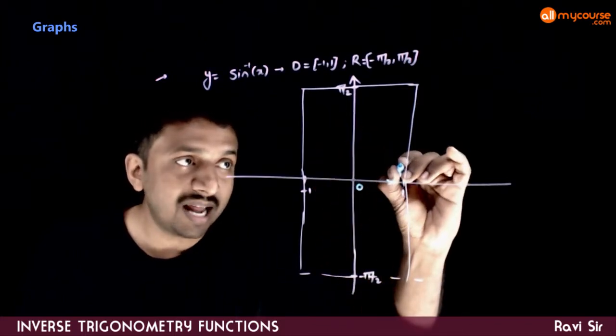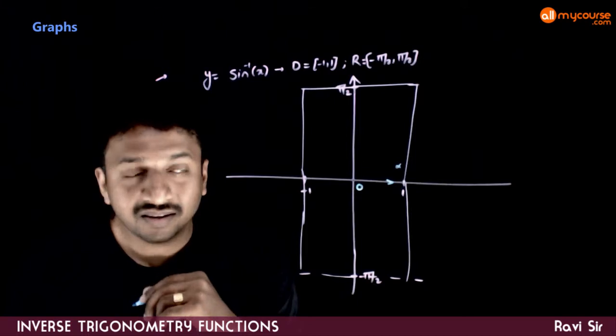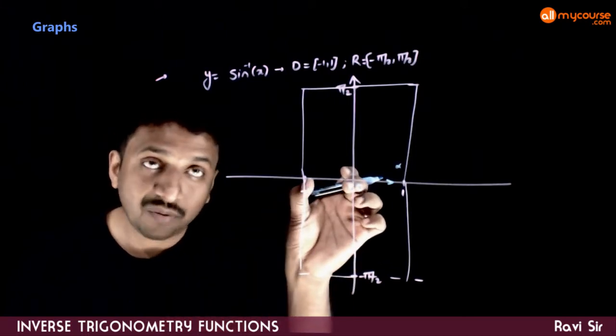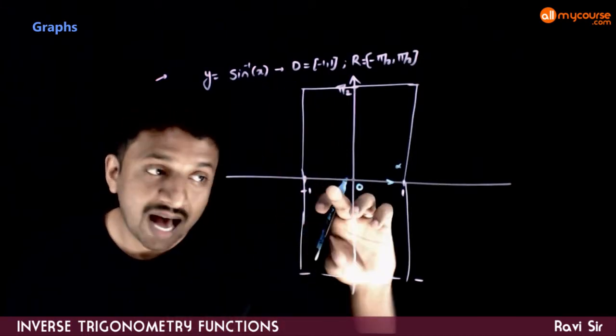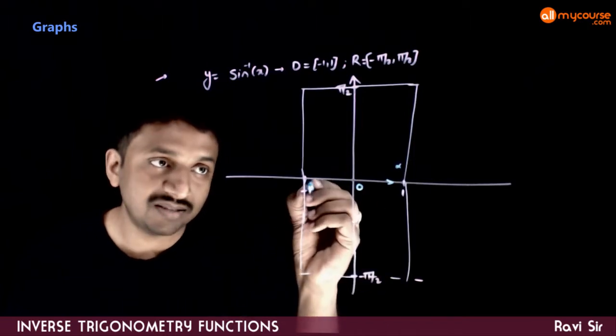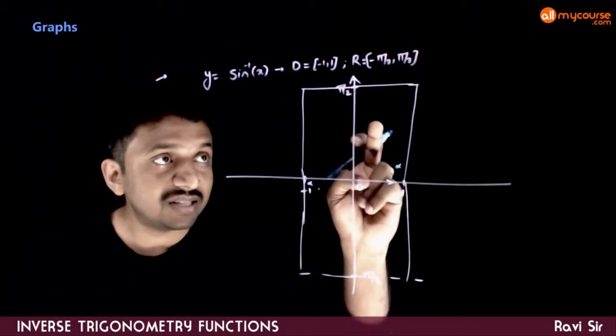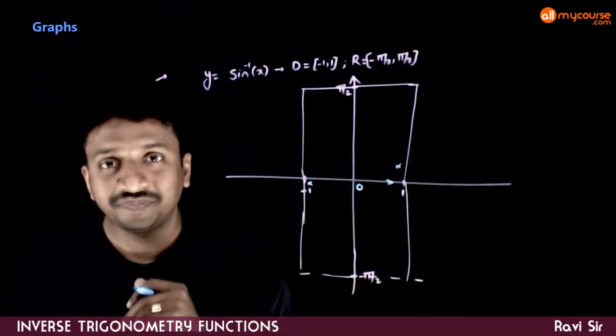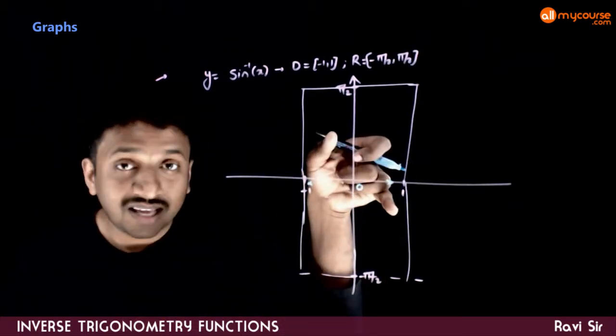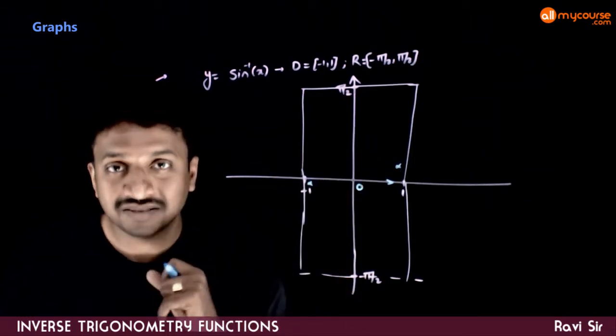That means the graph lies in this part. And if you take negative values inside sine inverse, the answers lie in the fourth quadrant. That means the graph of y is equal to sine inverse x lies in this part and this part. The graph does not go into these parts.